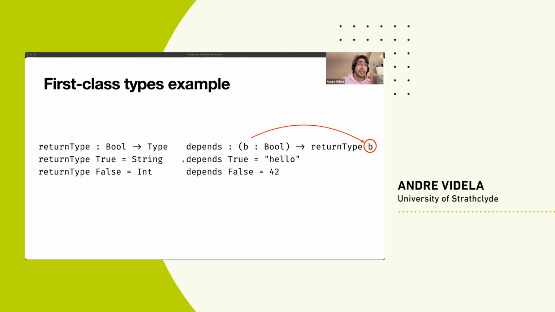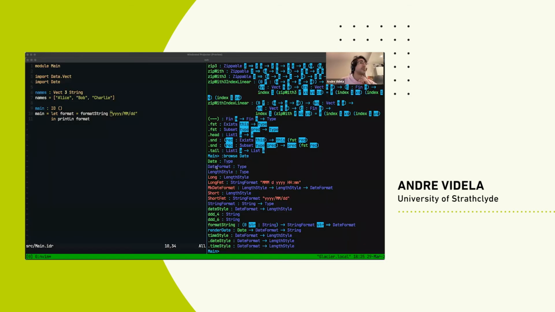So we've named here the argument of depends as b, and we've passed it to the function return type, and that informs us of what we need to return in order to implement this program successfully. So I'm going to quickly show you what this looks like.